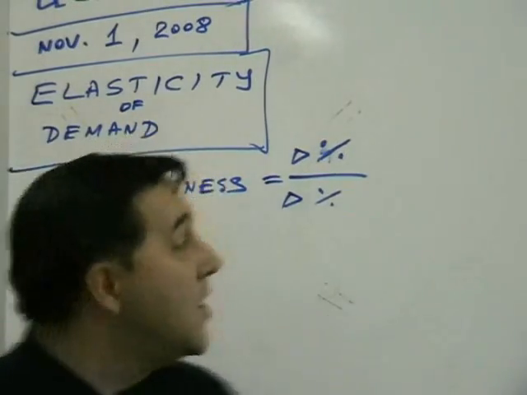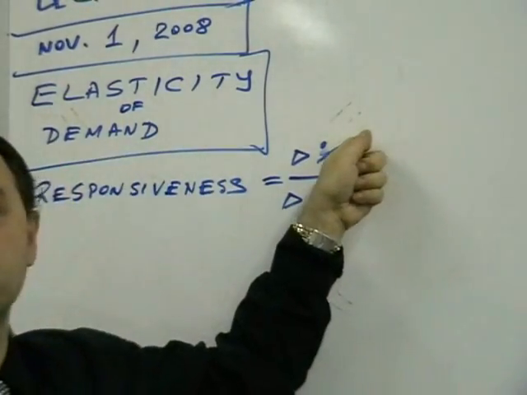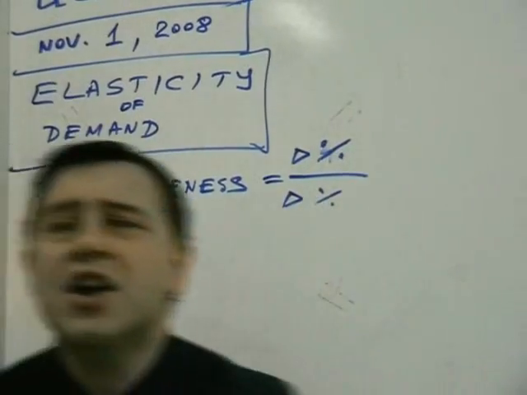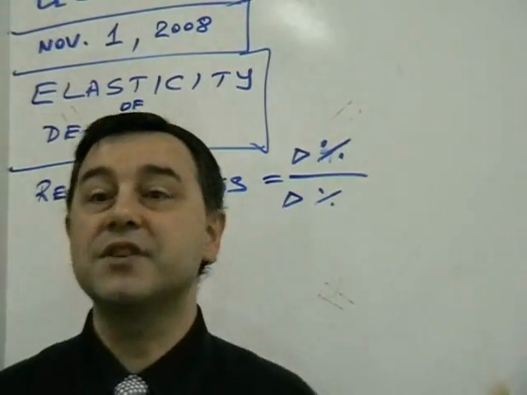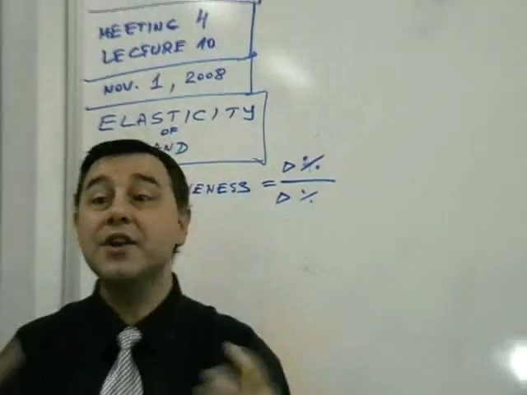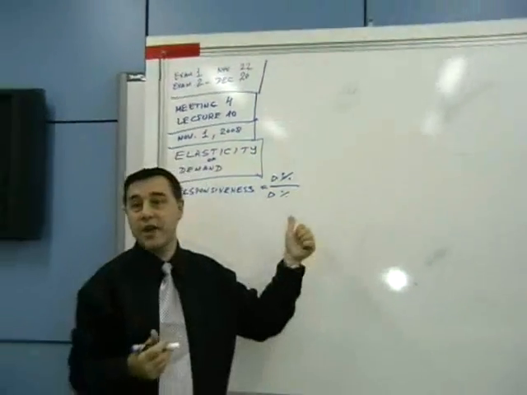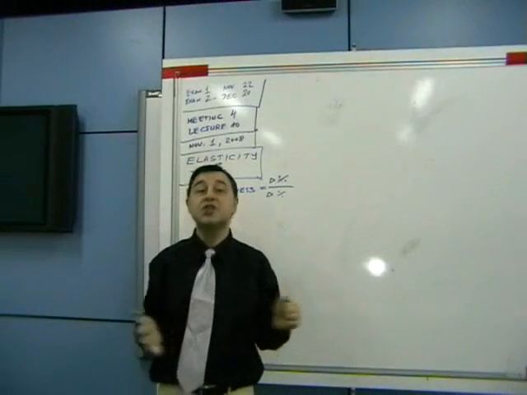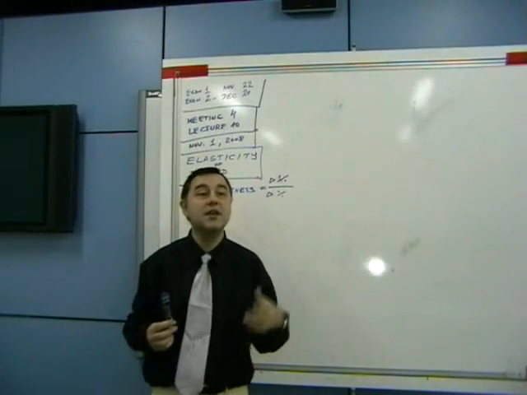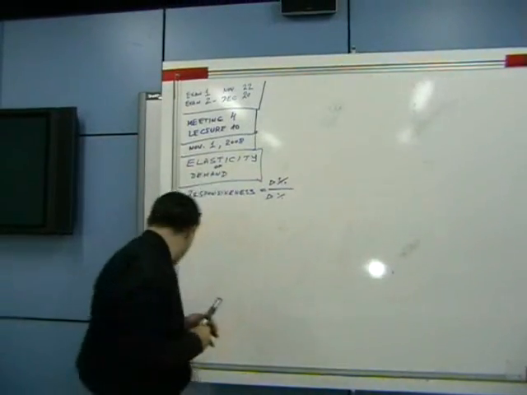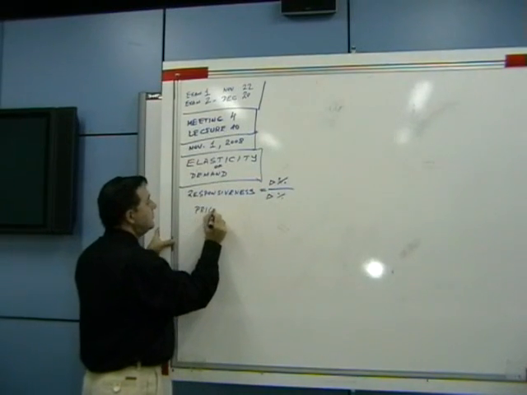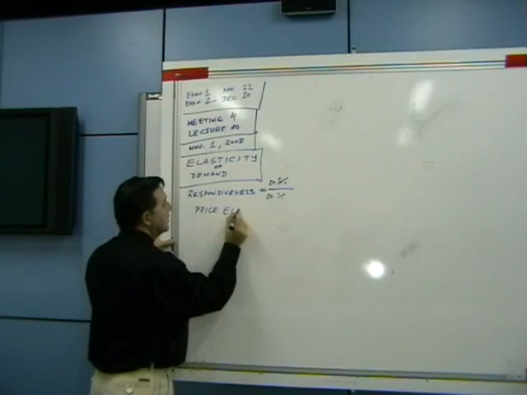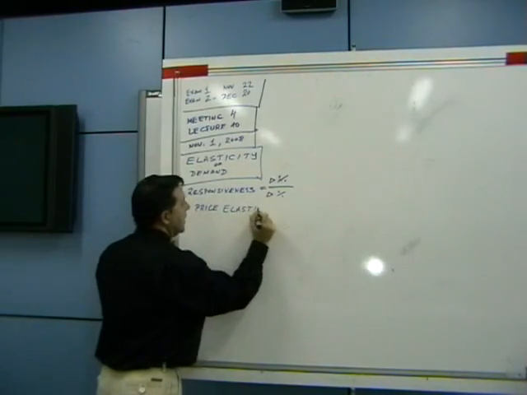Because you have one variable responding to a different variable, you have hundreds of different types of elasticities. For any two variables, you can create an elasticity. So, which elasticity do we begin with? We begin with so-called price elasticity.